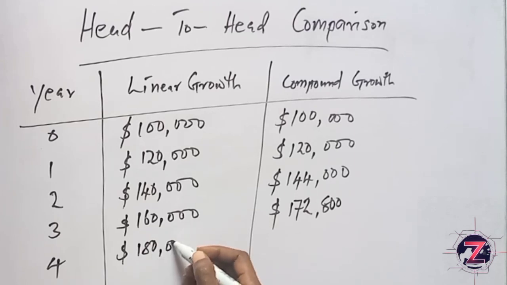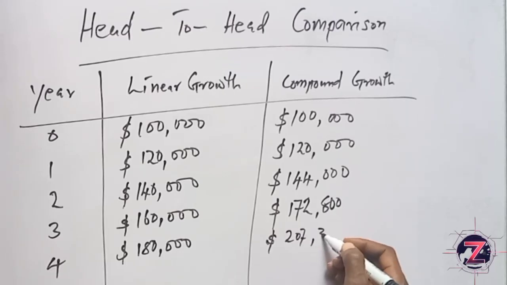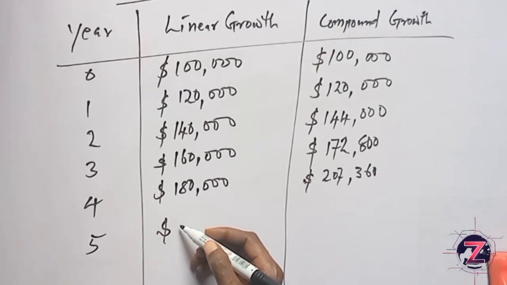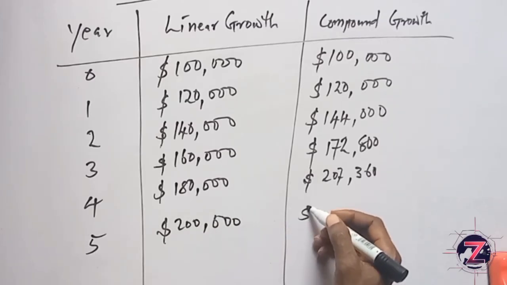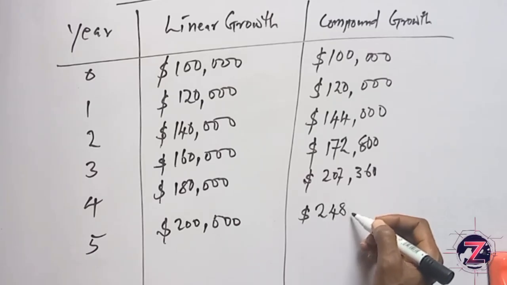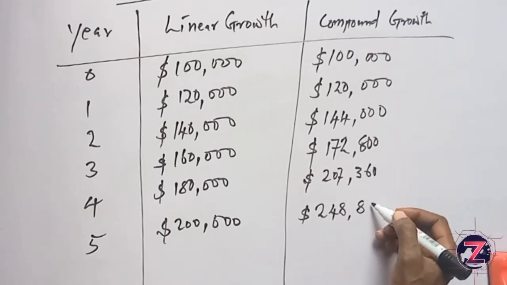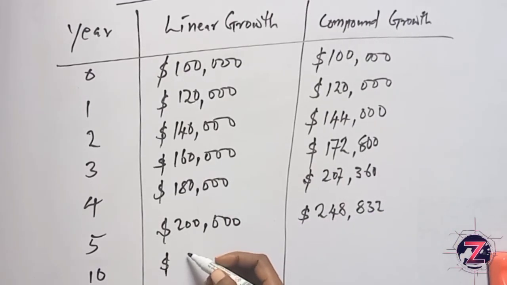Year 4, linear growth is 180,000, increasing on a steady basis of $20,000. Compound growth is $207,360. In the 5th year, linear growth becomes 200,000, whereas compound growth attains $248,832. Jump to the 10th year, where you can see linear growth extending to $300,000.